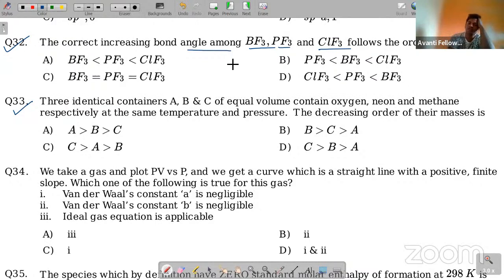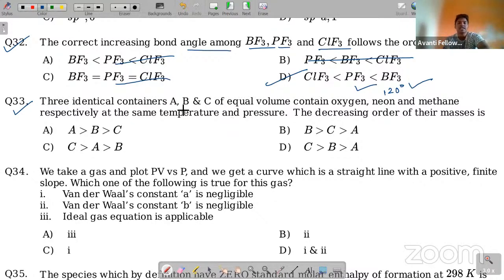But based upon that, first, for question 32, which will have more bond angle? BF3 will have more bond angle than PF3 and ClF3. Yes. BF3 is 120 degrees, obviously the highest. Among these, all others have the wrong answer, so only one case is correct, D. 32 will become D.